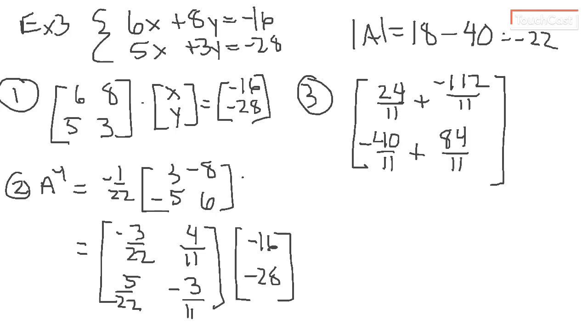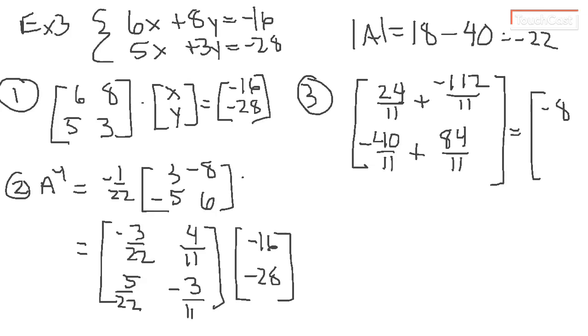And now we can combine everything. So if we combine 24 and negative 112, we get negative 88. If we divide that by 11, we're going to get negative 8. And if we combine negative 40 and 84, it's going to give us negative 44.